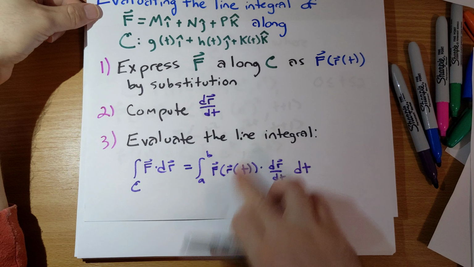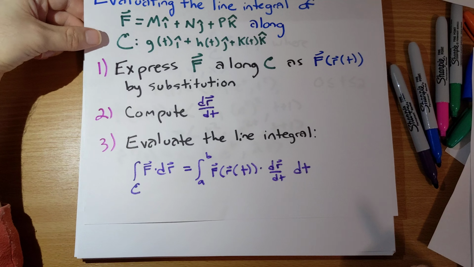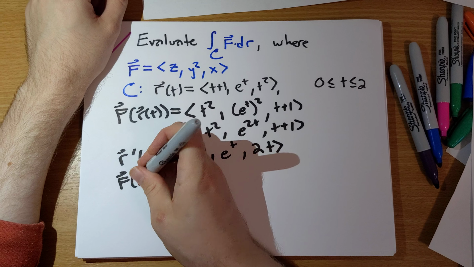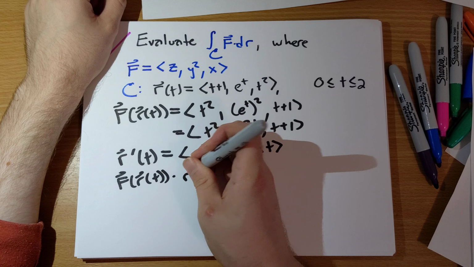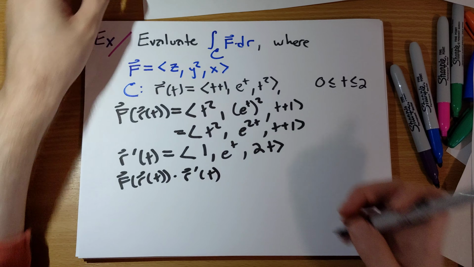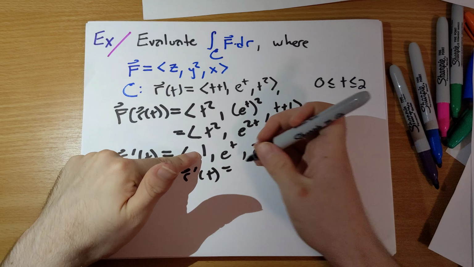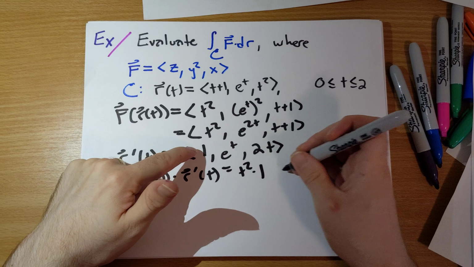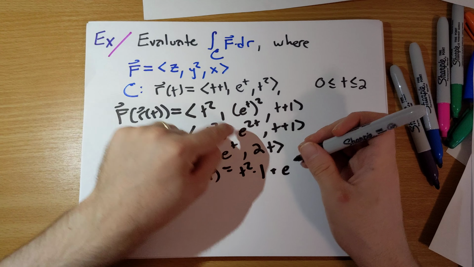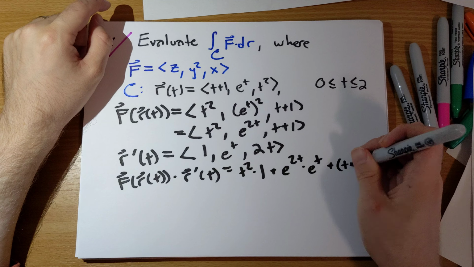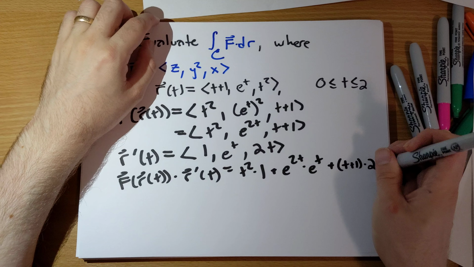And so now we have to evaluate the line integral. The integrand is f of r of t dot product r prime of t. So it's this times this: t squared times 1 plus e to the 2t times e to the t plus t plus 1 times 2t.